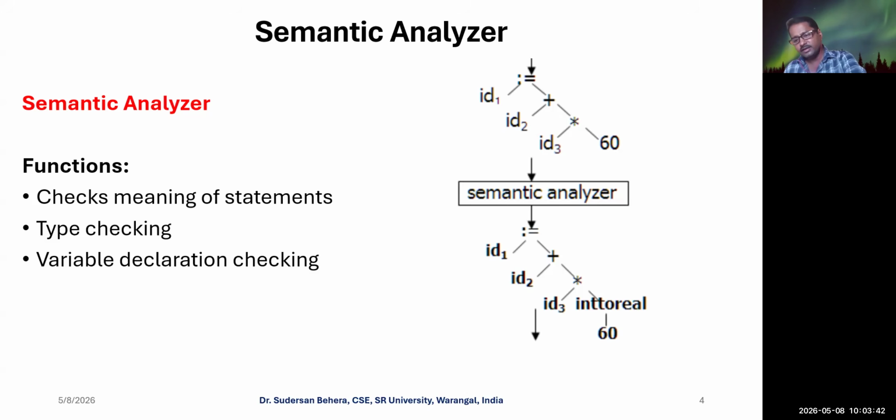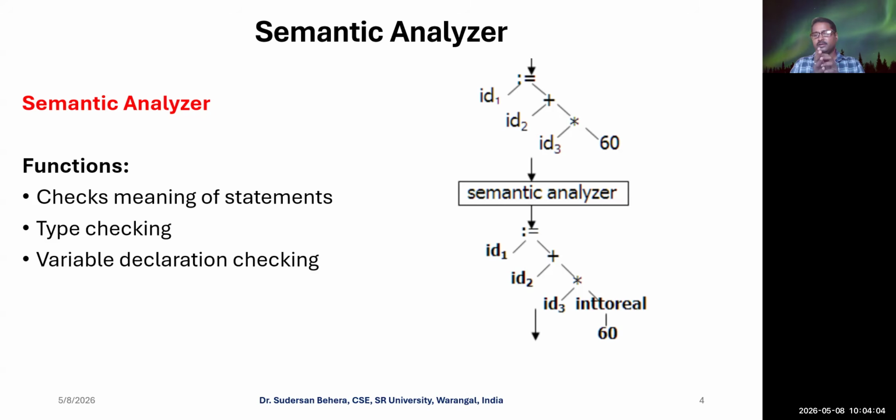You see the last part: ID1 is as it is, plus is as it is, the equal symbol is as it is, the root, ID2 is as it is, ID3 is as it is, but only 60 changes.